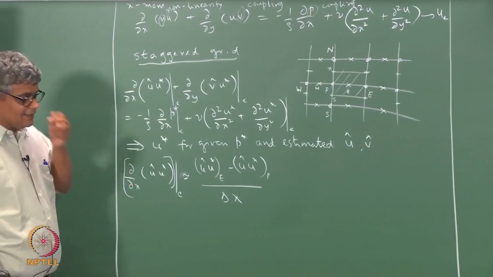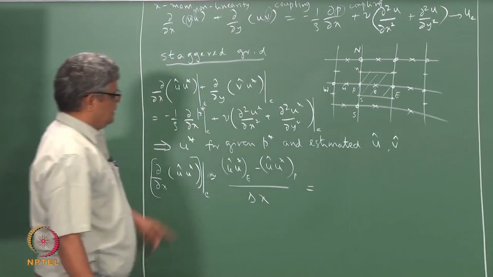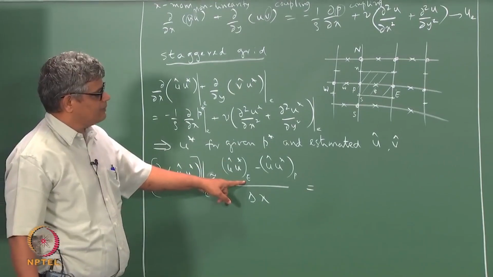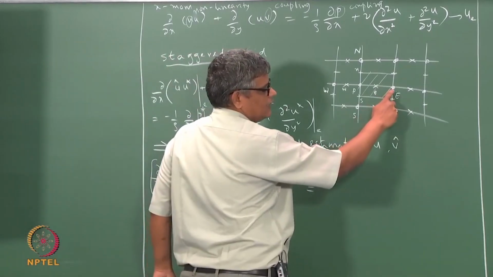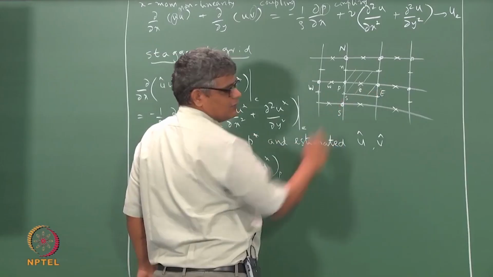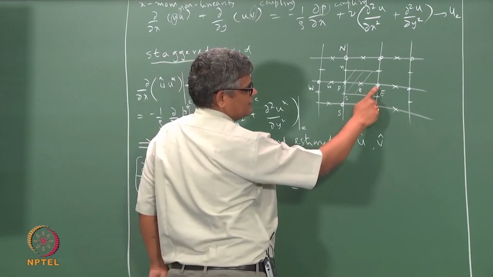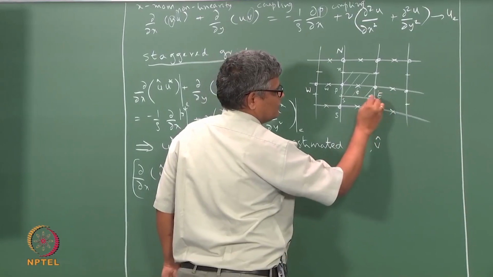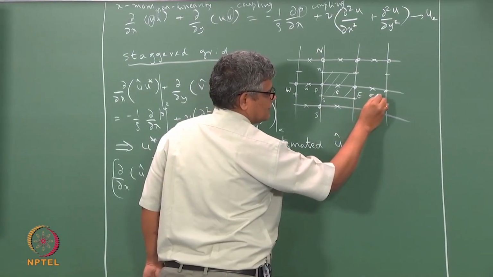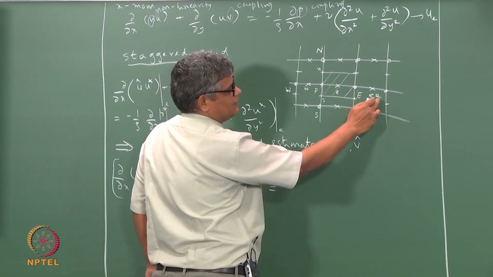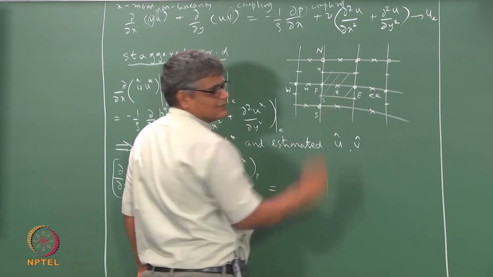Now, in this case we need to know what u hat at capital E is. U hat at capital E is not known because we do not know what u at capital E is, it is not evaluated, but we can say that u hat is the sum of this and this point, which we can call EE, the next point to the east of this.